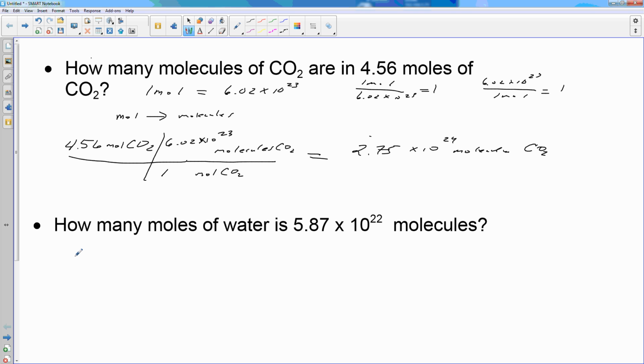So that you can see if your answer makes sense. The first thing we do once again is we use the value that we are given, and that is 5.87 times 10 to the 22, and this is molecules of H2O. That's a 2. Don't ask me about it.